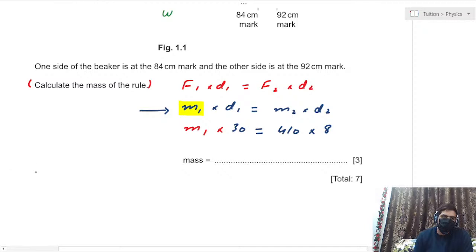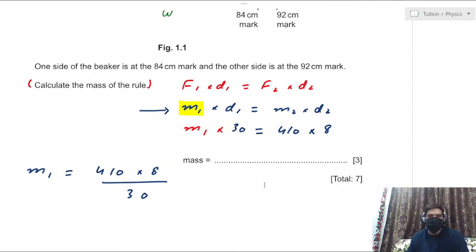So then you do the calculation, it would be 410 times 8 divided by 30, and then you simply hit it on the calculator. 410 times 8 divided by 30 gives you 109.3 something grams, because the mass that we used previously was also in grams, so the answer is in grams.